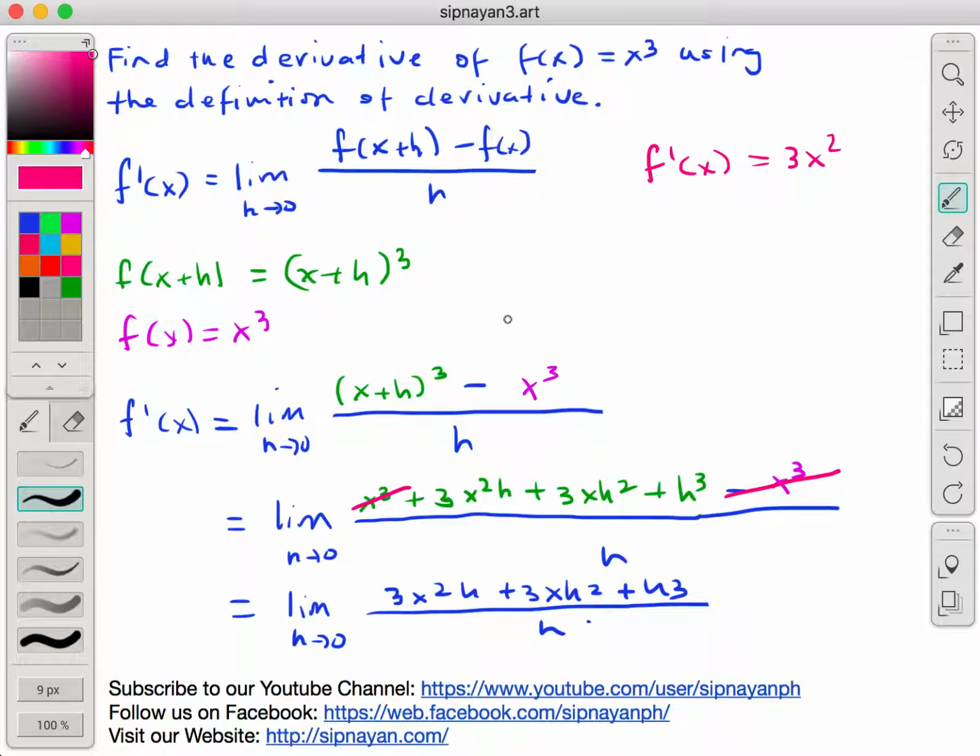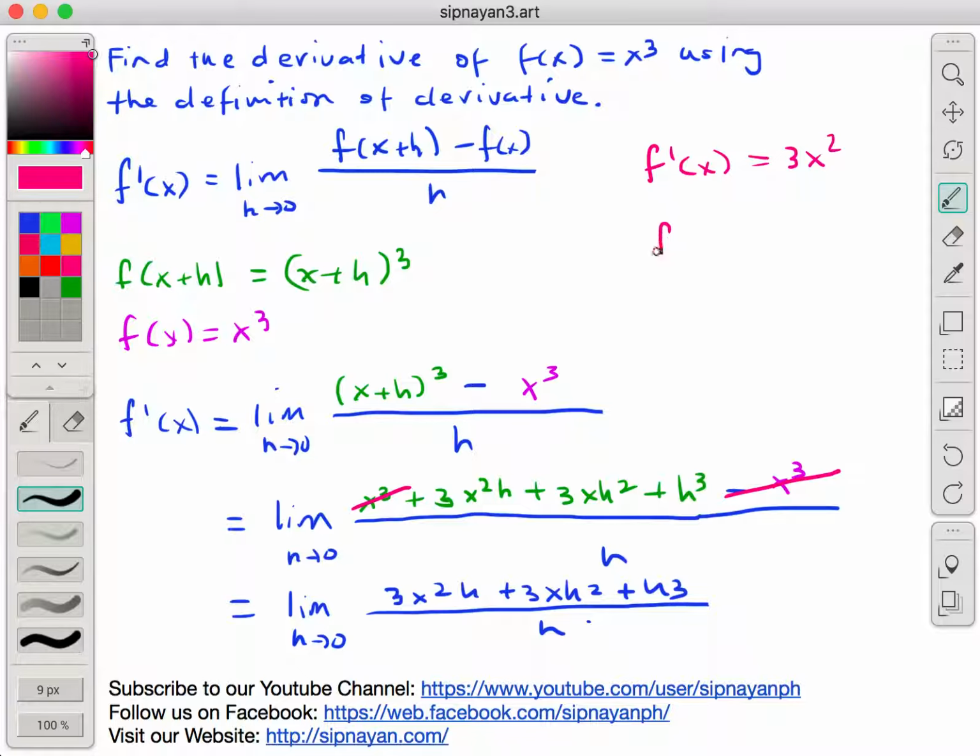So, sa solution, for example, we want to find the slope of the tangent line of the slope of the function at x equals 1. We want to find the slope of the function f of x equals x cubed at x equals 1.